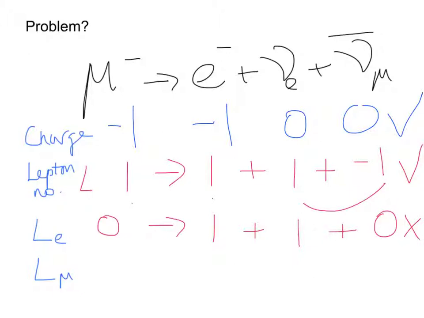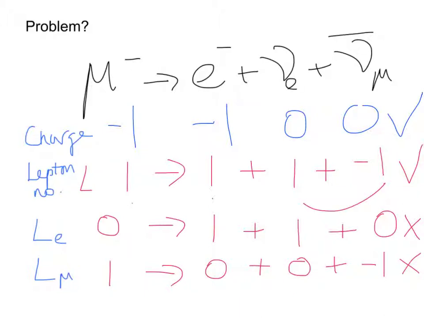And if we look at the muon lepton number, it is a muon, electron isn't a muon, electron neutrino isn't a muon, or anything to do with a muon. And a muon antineutrino is -1, so that also shows that this cannot exist.